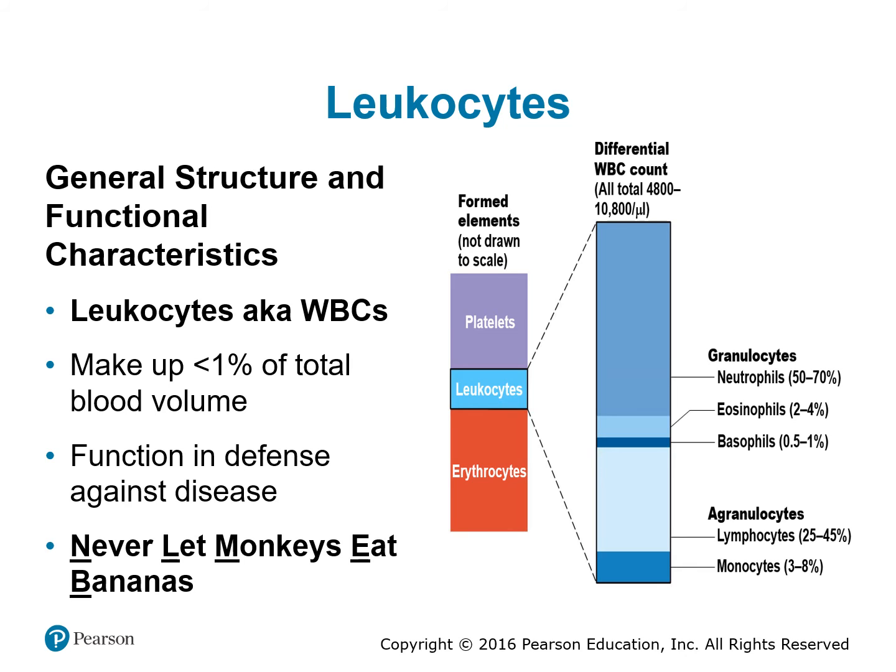And then we have the monocytes, which comprise approximately 3 to 8%, the eosinophils 2 to 4%. You will see an increase in eosinophils in allergic reactions, which we are going to talk about in the immune system. And then basophils should be the least abundant, only 0.5% to 1% of total white blood cell content.